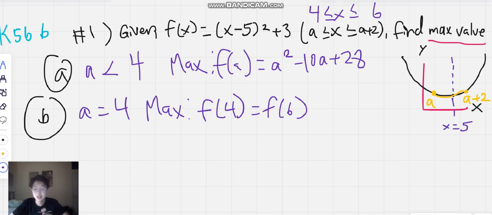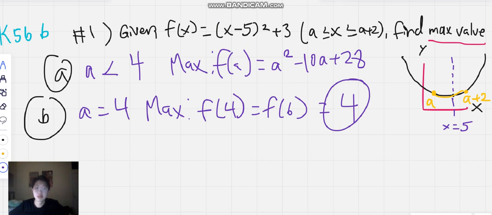The x value of the vertex is the axis of symmetry, meaning if you go the same number of units to the right and to the left of the vertex, you'll end up at the same y value. So if you plug either x value into the original function, you should get the same thing. If I plug in x equals 4, I get 4 minus 5 squared, which is 1, plus 3, which is 4. So that's going to be the maximum.